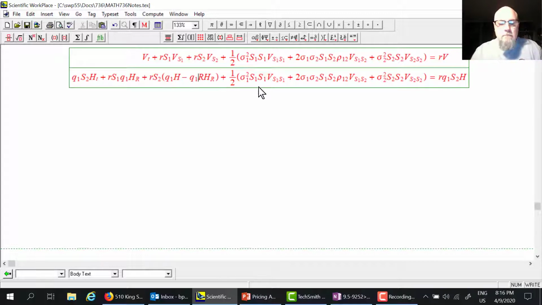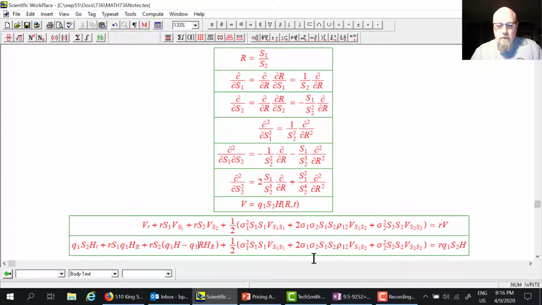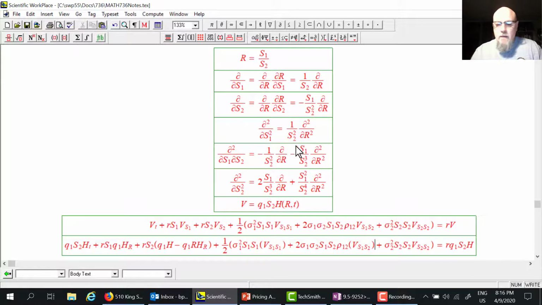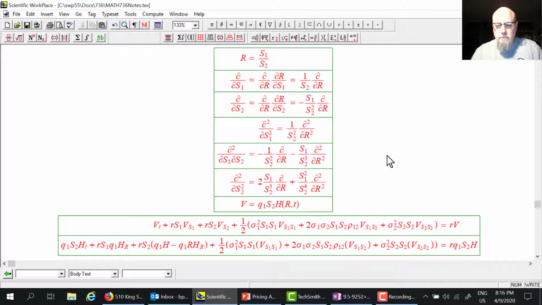Now, that's the two partials. Let's do these other ones, I gotta put in for this one, I gotta put in for this one, and I gotta put in for this one. Now, the derivative of this with respect to S1 and then S1 again is going to be, so I'm just looking at this piece here, that's with respect to S1, those are constants, so they stay the same.